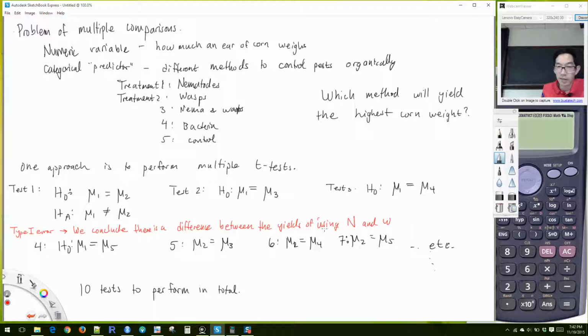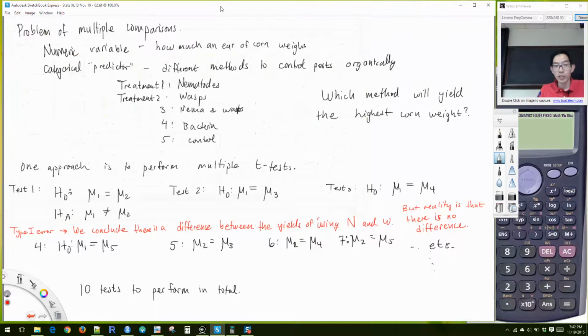The reality is there is no difference. The reality is that the null hypothesis is true. So the reality is that there is no difference. Okay, so that's what a type 1 error would be.